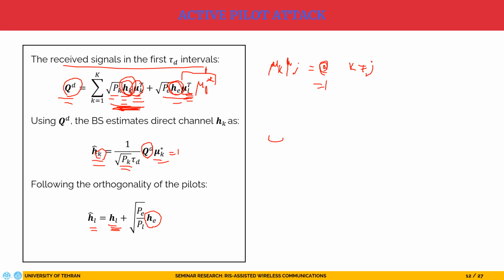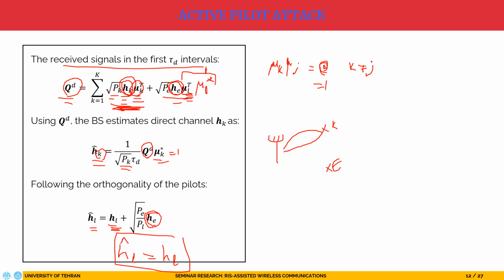So the base station, instead of this is user K, this is eavesdropper. So if the base station estimates the channel of L as this case, the eavesdropping would be like this, and eavesdropper is suppressed completely.